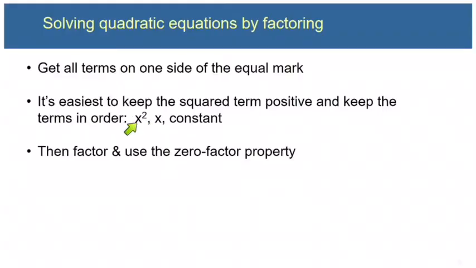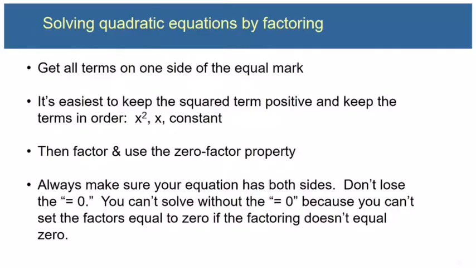Once you have it in that standard form, then you can factor and use the zero factor property. Always make sure that your equation has 2 sides. Don't lose the part that says equals 0. You can't solve without the equals 0 because you can't set the factors equal to 0 if the factoring doesn't equal 0.